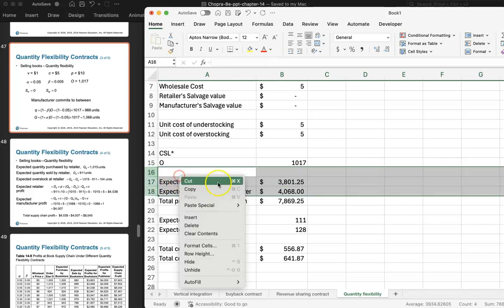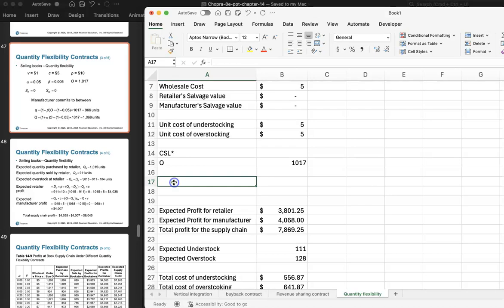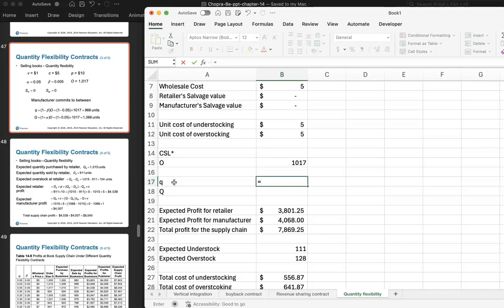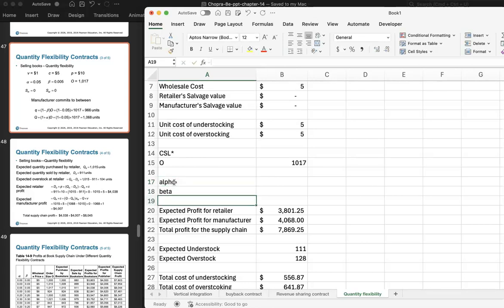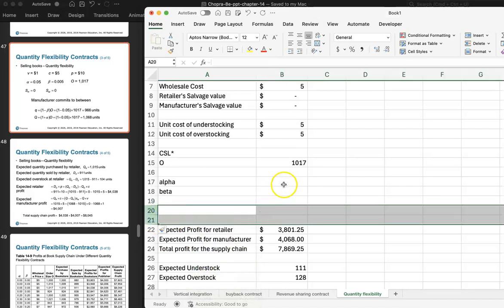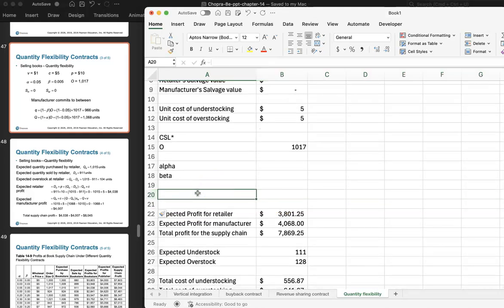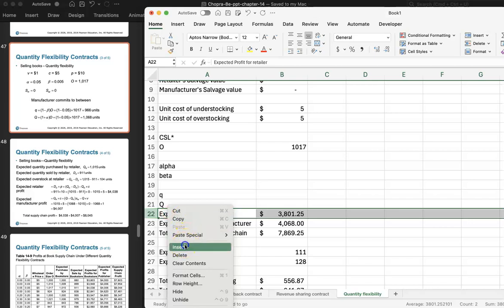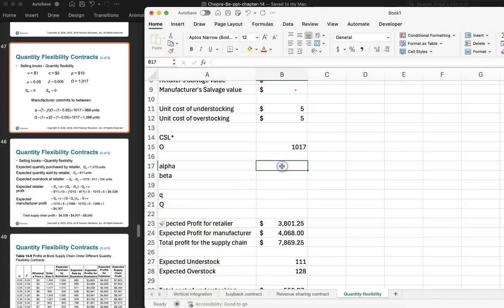Now, with this, we have to calculate a few things. So let me insert a few rows here. Let's calculate lowercase q and uppercase Q. So let's include alpha and beta. Alpha and beta are 5%, 5%.